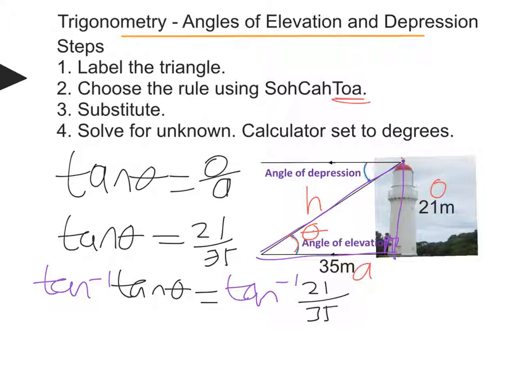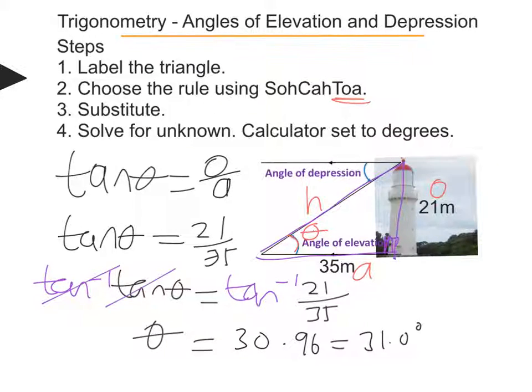On the left-hand side, inverse tan cancels with tan, so we end up with theta equaling inverse tan of 21 over 35. And using a calculator, inverse tan of 21 divided by 35 is equal to 30.96, or that would be 31.0 degrees to one decimal place.